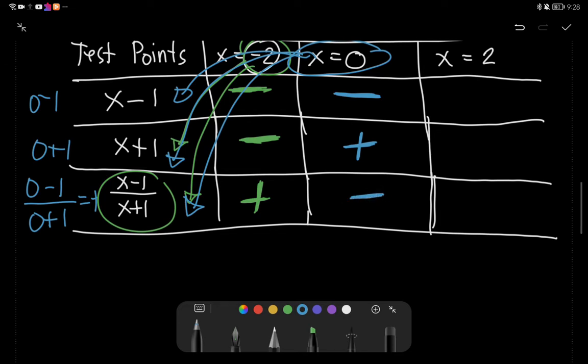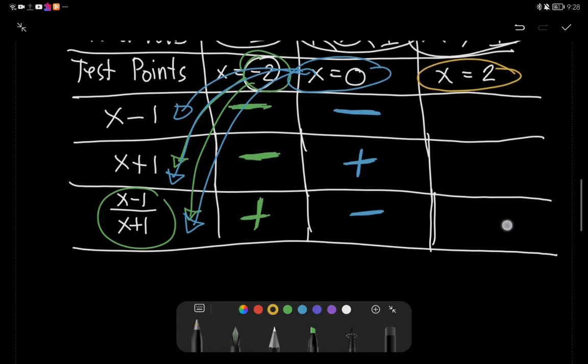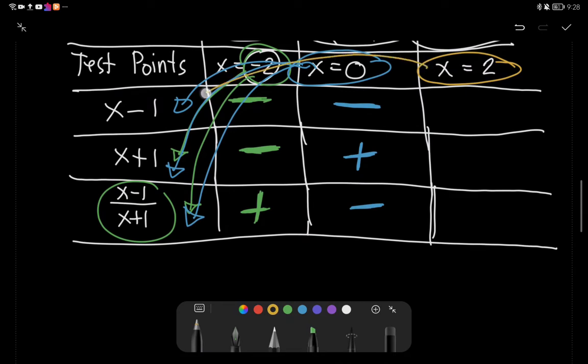Now, let's proceed sa ikatulo na interval or test point. The third test point is x is equal to 2. So, i-substitute ta po dato si x dira. 2 minus 1 becomes positive 1.